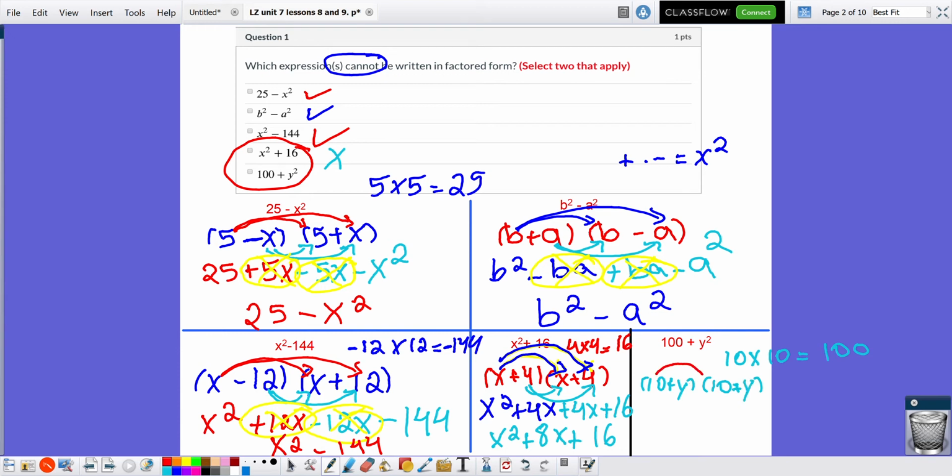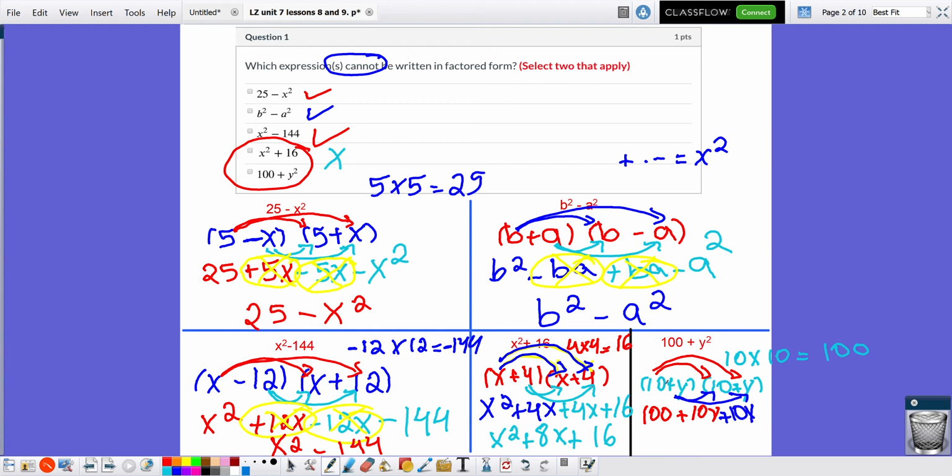When I multiply, 10 times 10 is 100. 10 times y is 10y. And then I multiply these two. 10 times y is 10y.